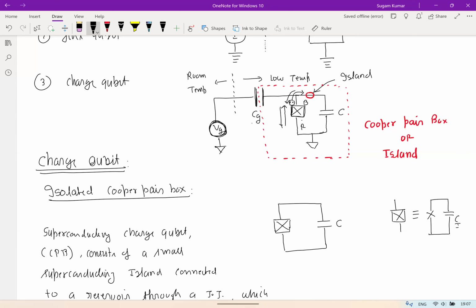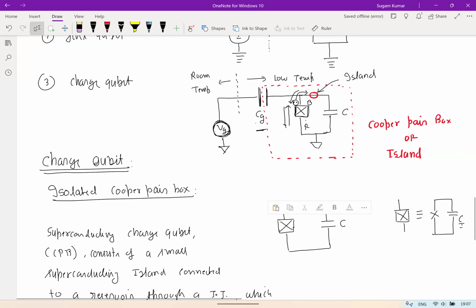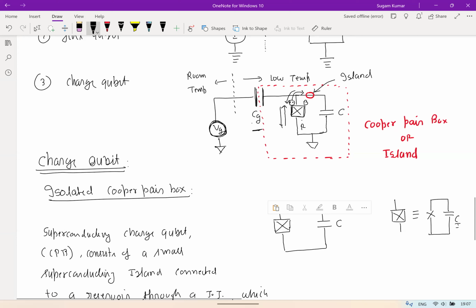So the role of the CG capacitor is to accumulate some charge, which I will later call NG. NG is the amount of charge built up on the capacitor.